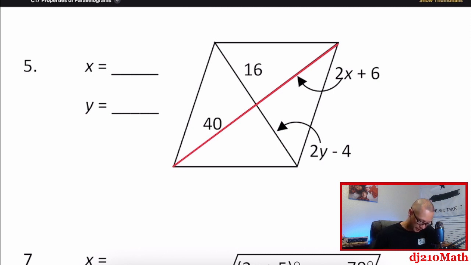No, I think it's saying that this portion is 2x plus 6. And then the other portion is 40. So because I know that the diagonals bisect each other, like that's a hardcore fact, right? That the diagonals in a parallelogram bisect each other. That means this is equal to this. That's what that means. So 2x plus 6 is equal to 40.